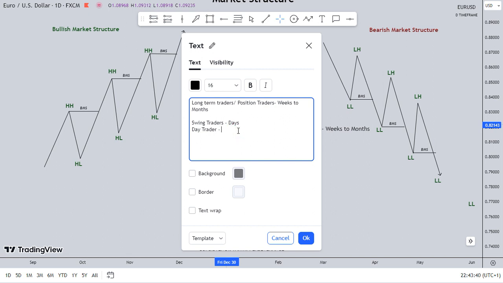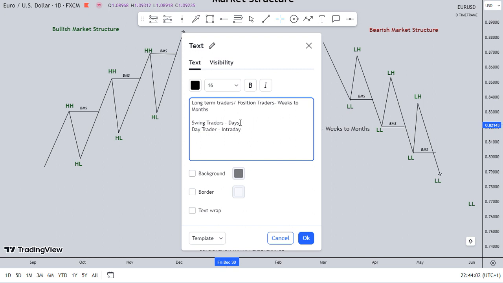If you're a day trader, you'll be in a position within 24 hours, right? So you can open a position in the morning. Perhaps you're out still in the morning, or you can be out in the afternoon or evening, but essentially you're trading within the daily, within what's happening in 24 hours, right? So intraday.